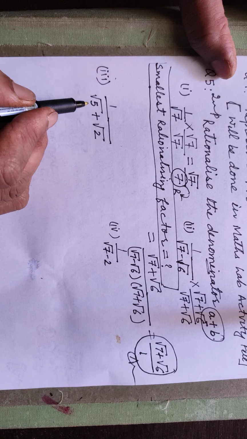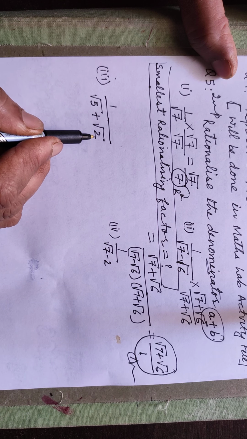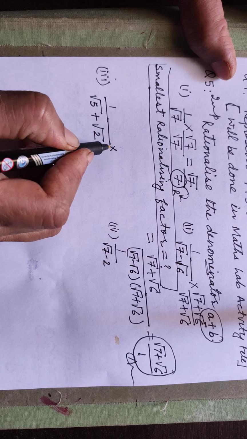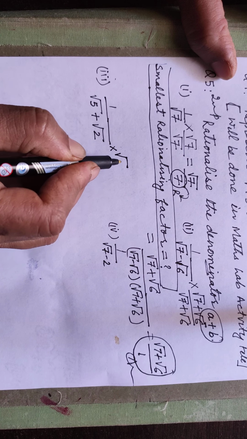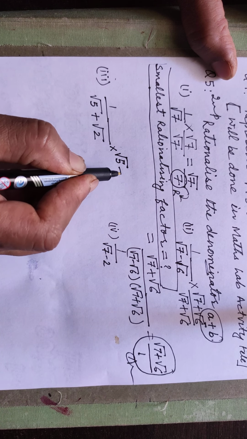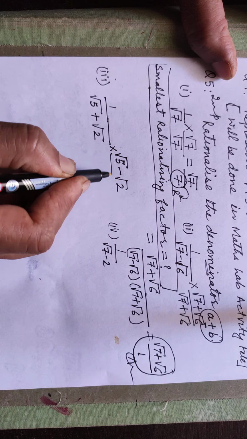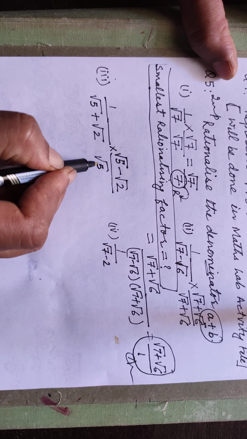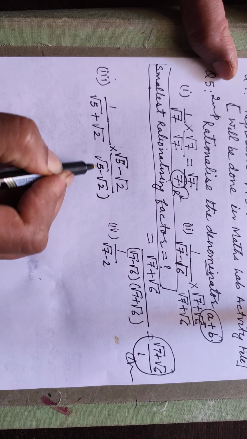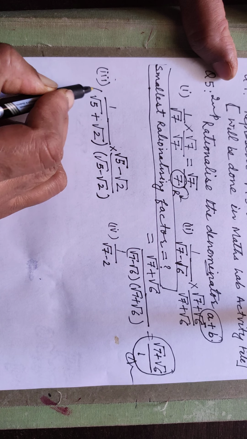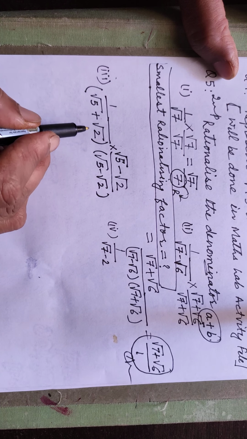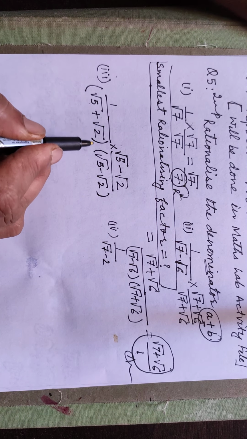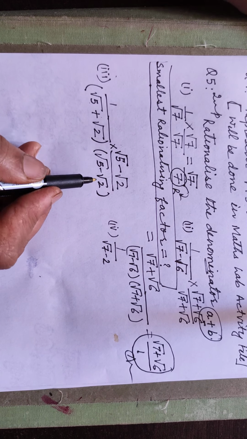Okay, now see the third part. As I have told you, if a plus b is given, then its rationalizing factor would be a minus b. That is root 5 minus root 2 upon root 5 minus root 2 is its rationalizing factor. Look at the denominator, an a plus b, a minus b type of expression is there.